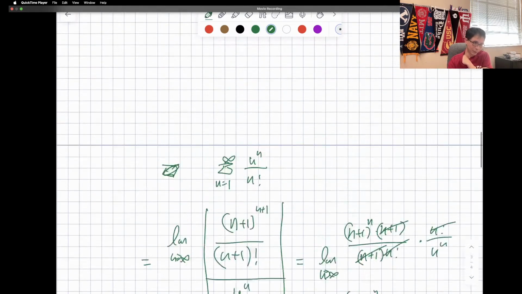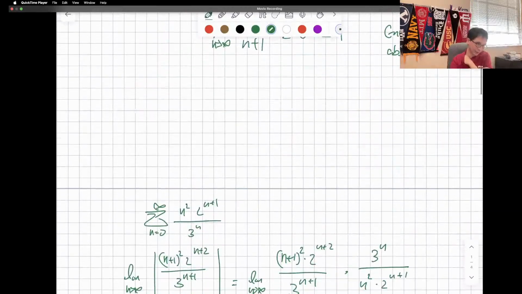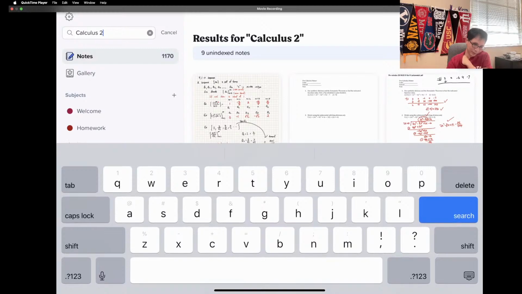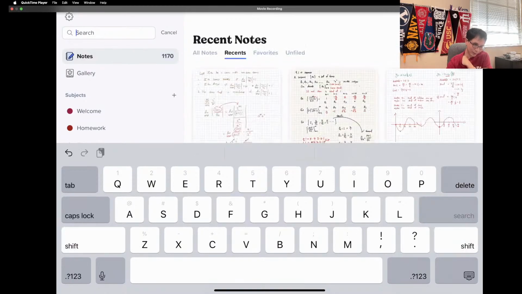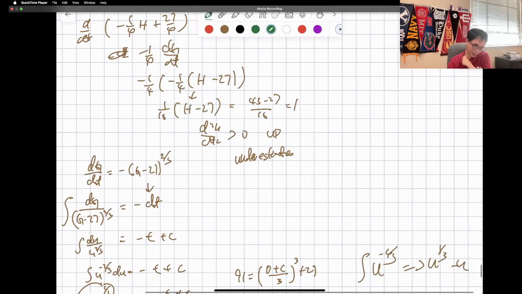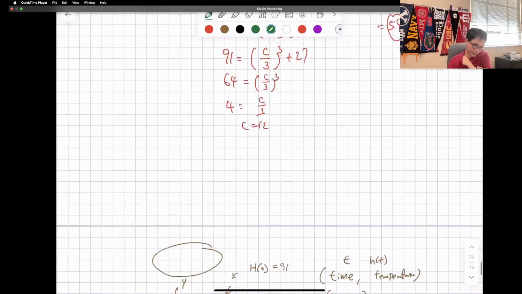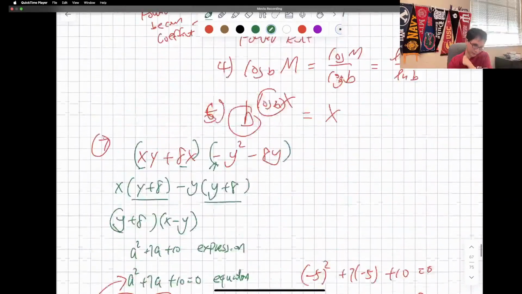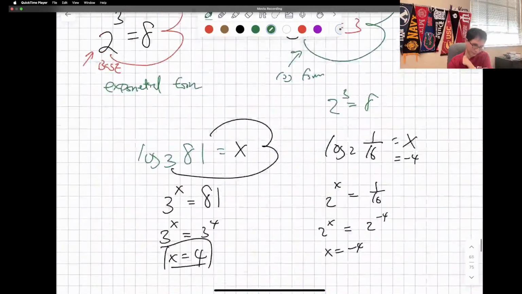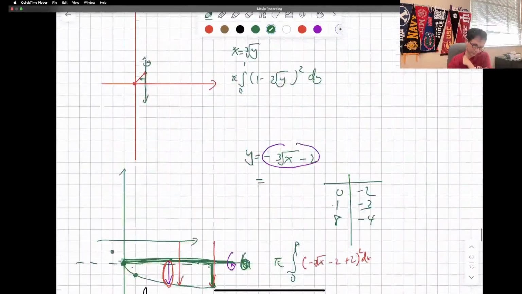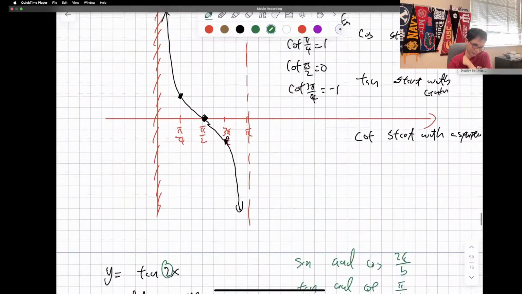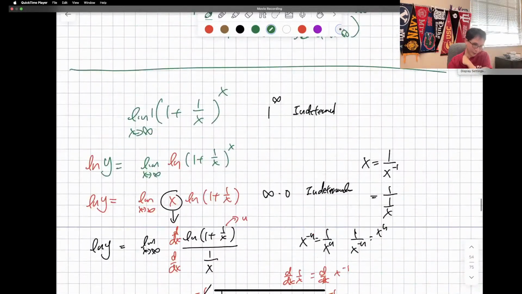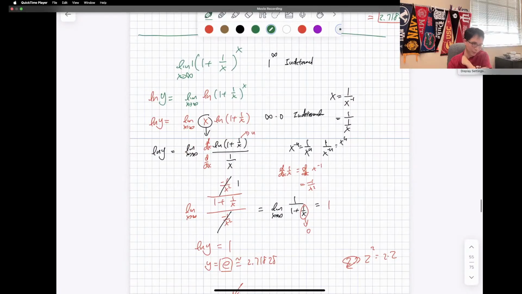Why is it e? There was a proof from last period, from AB Calc yesterday.